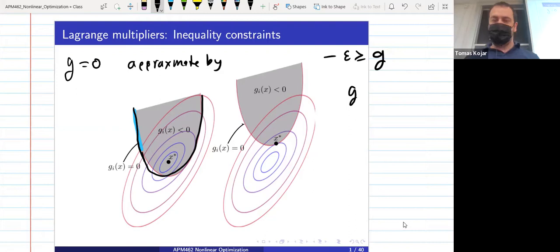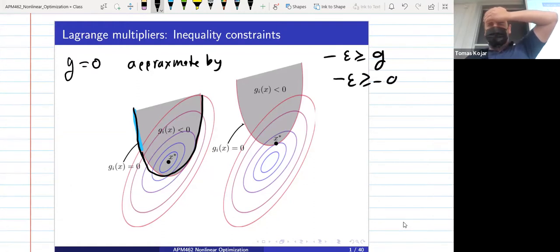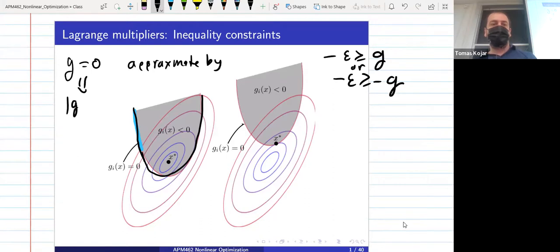So, fine, here are the two constraints. Minus epsilon. The point is, in the real world, you can always turn equal to G being less than epsilon, and this is an inequality constraint.